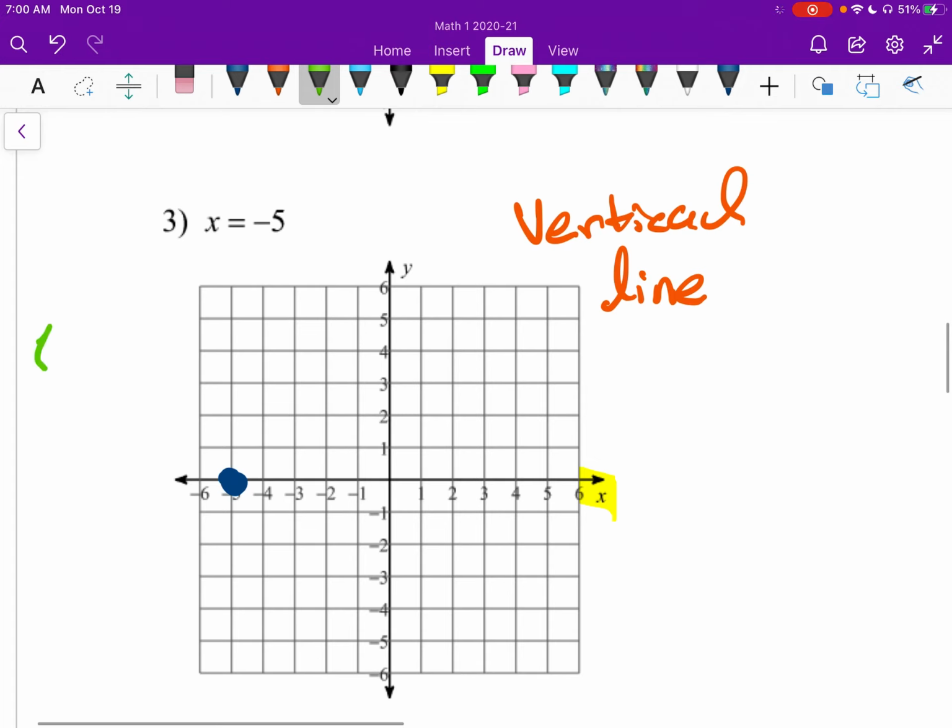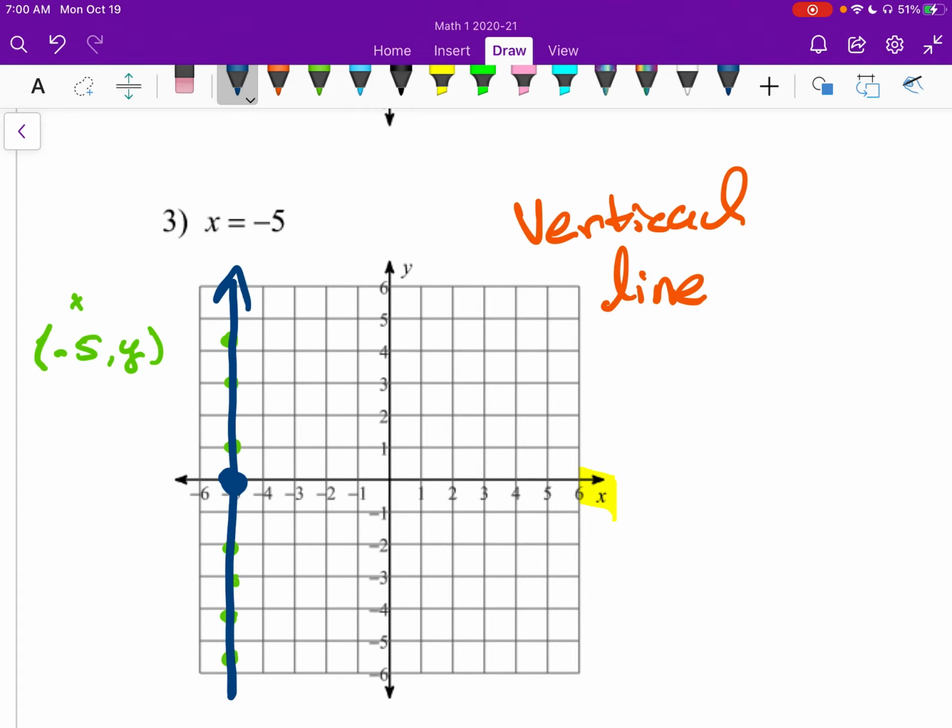We could say, well, this one's going to be negative 5 and then y, where we're going to have all these points always touching the negative 5 spot for the x. It doesn't matter where we go as long as we're on the negative 5 line. And then we draw in our line, and there, we're done.